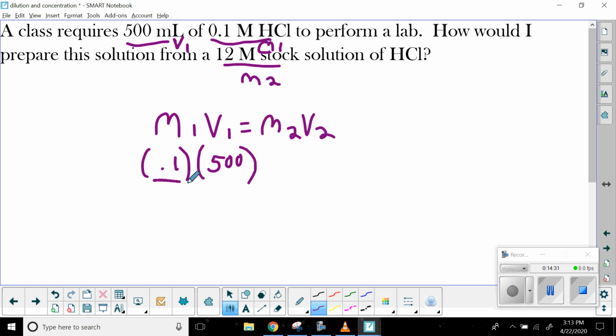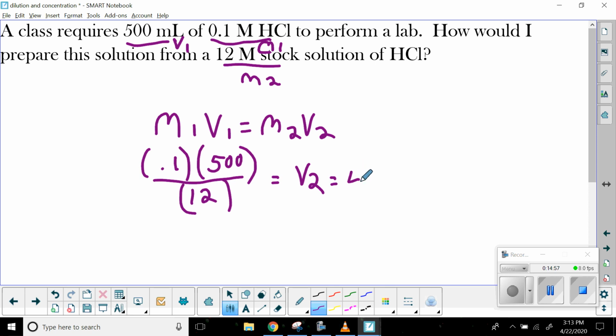And I'm going to divide that by the 12 because I want V2. So then solving that out, I'm going to have the 0.1 times the 500 divided by the 12. And I'll find out what volume of hydrochloric acid I need.